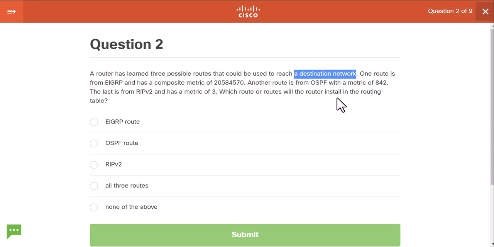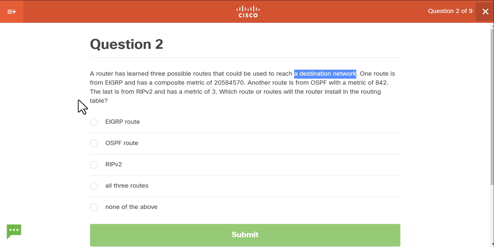Some others too. So it will compare the administrative distances of these protocols, and these are just static values which are assigned by default, and they can be changed, but it's not really recommended to do unless you know what you are doing.